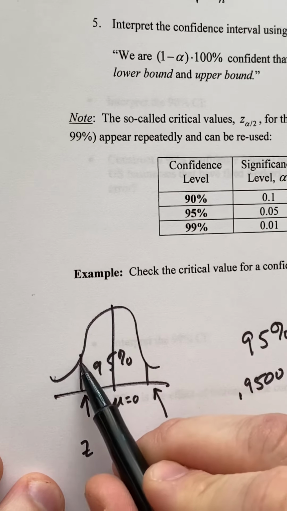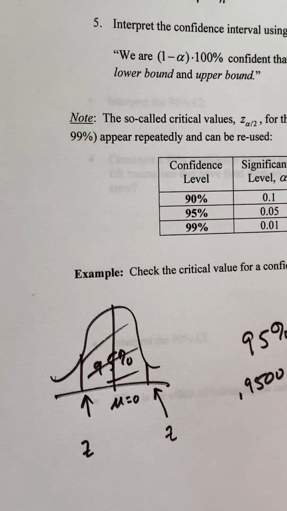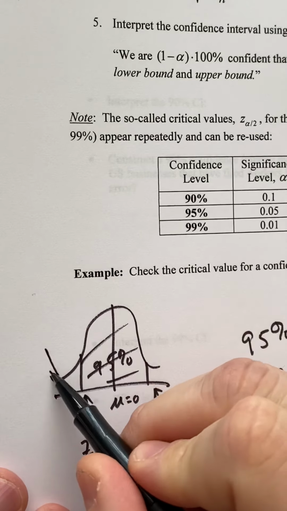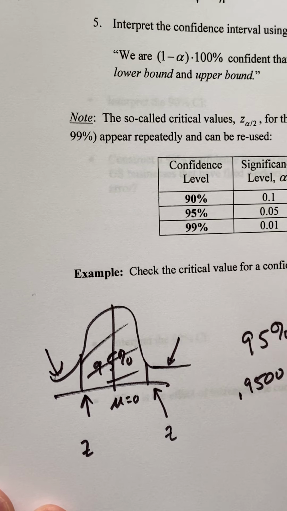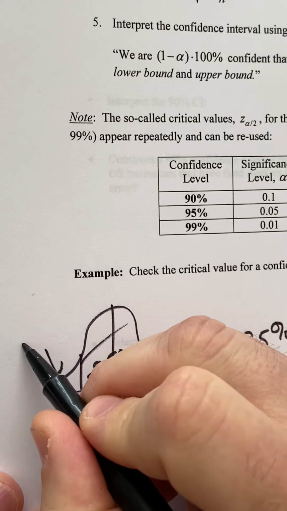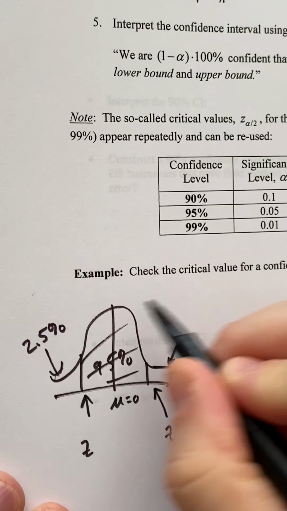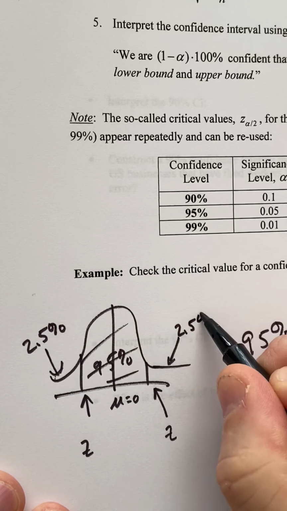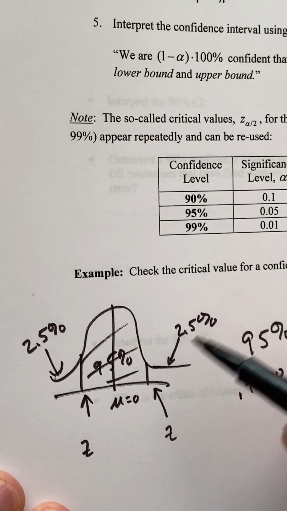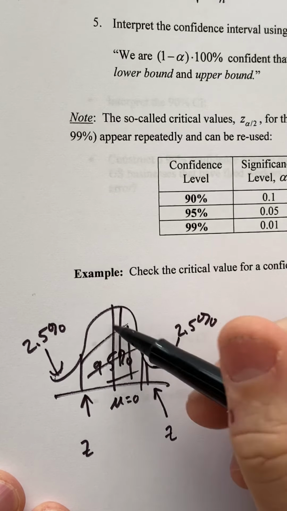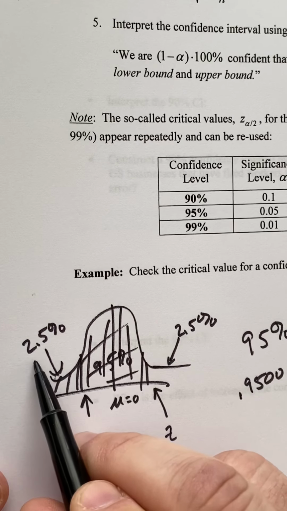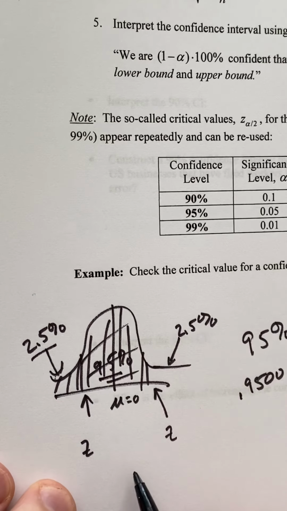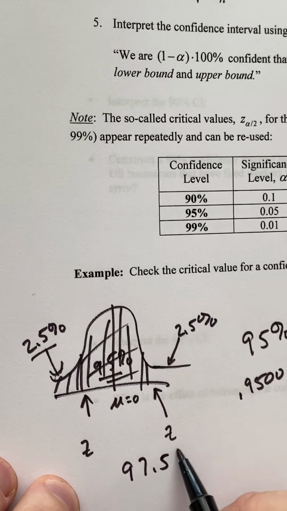Well, if 95% of the area is wrapped around this average, what's left to be evenly distributed here and here? That's right, 5%. Half of 5% gets placed over here, half of 5% gets placed over here. And now we want to find the area to the left of this z-value. The area to the left of that is comprised of 97.5%.